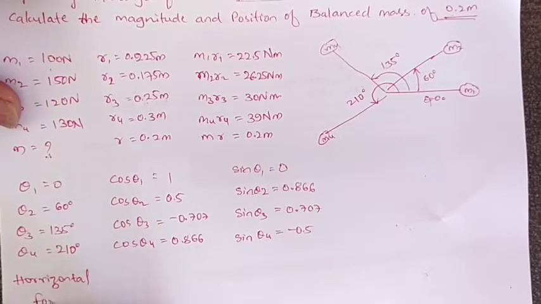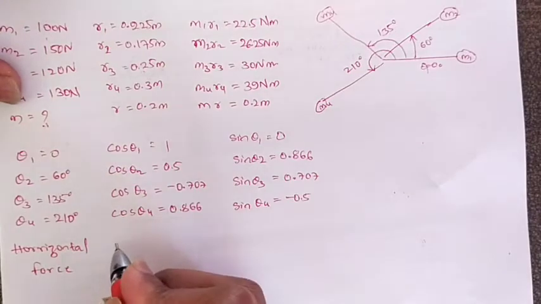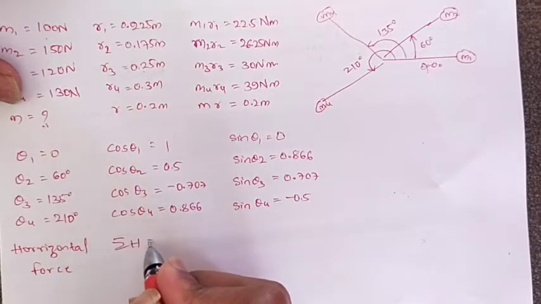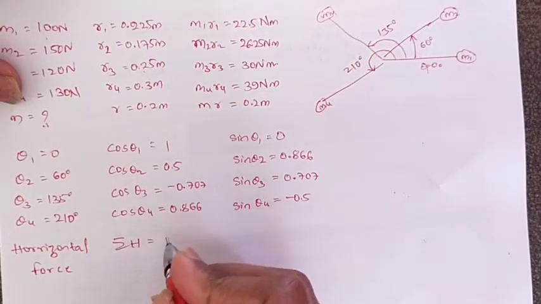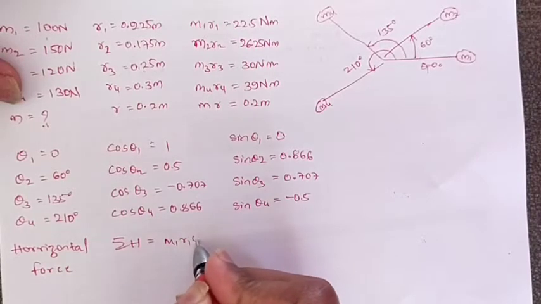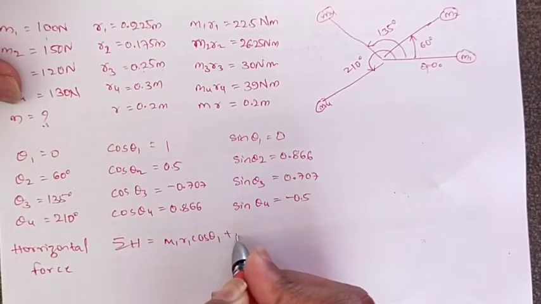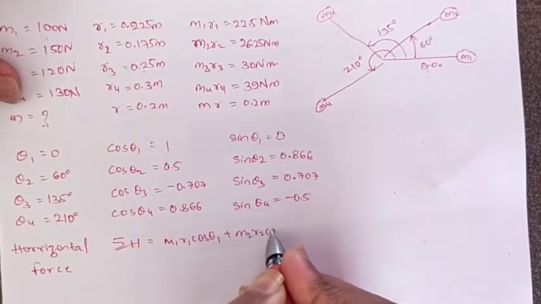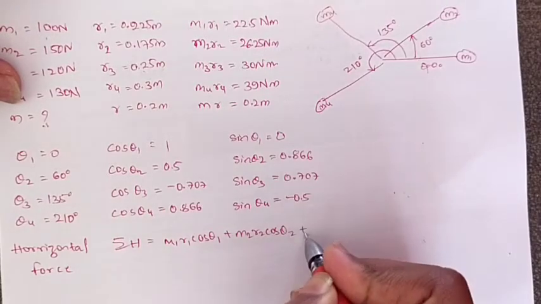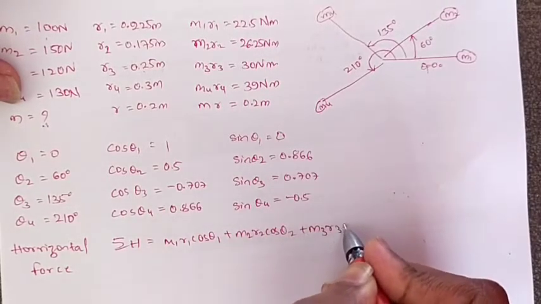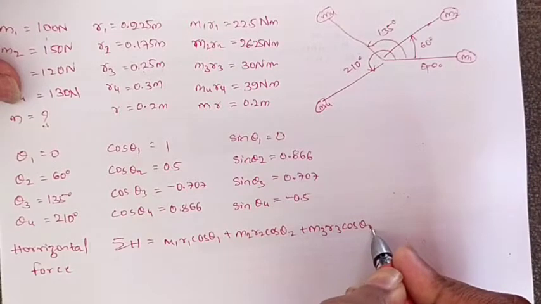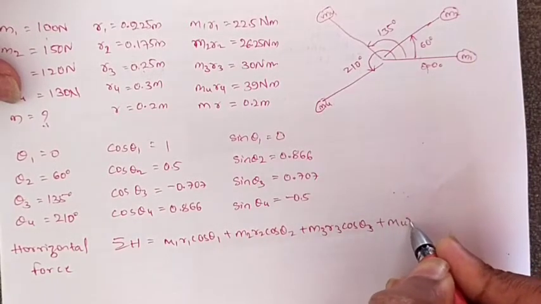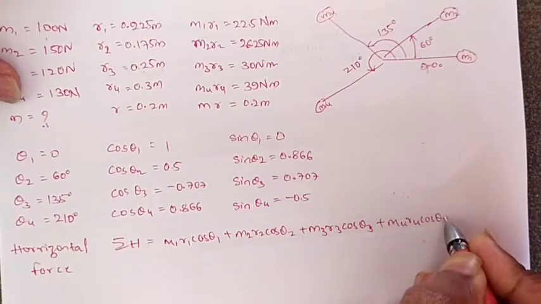Horizontal force is given by delta H is equal to m1 r1 cos theta 1 plus m2 r2 cos theta 2 plus m3 r3 cos theta 3 and last is m4 r4 cos theta 4.